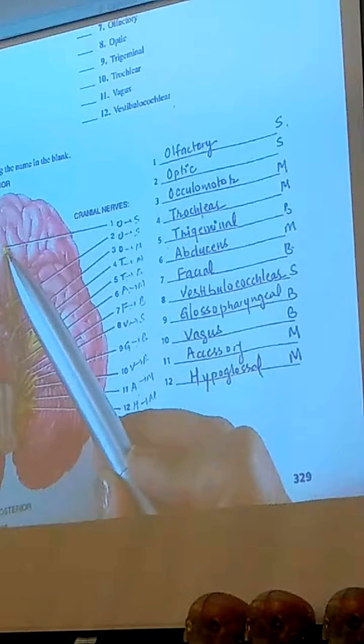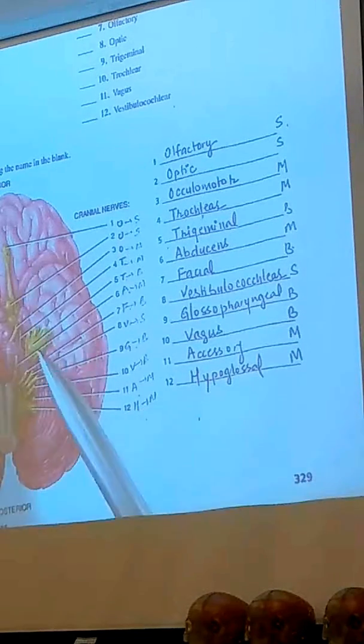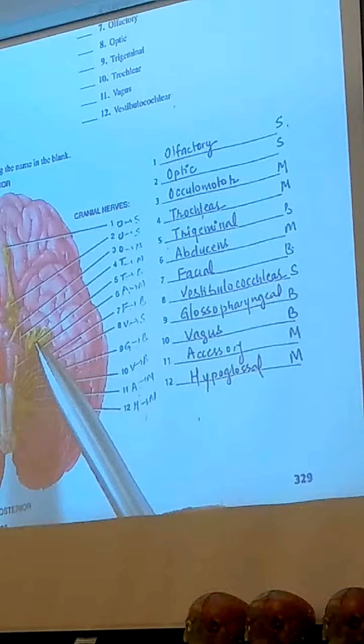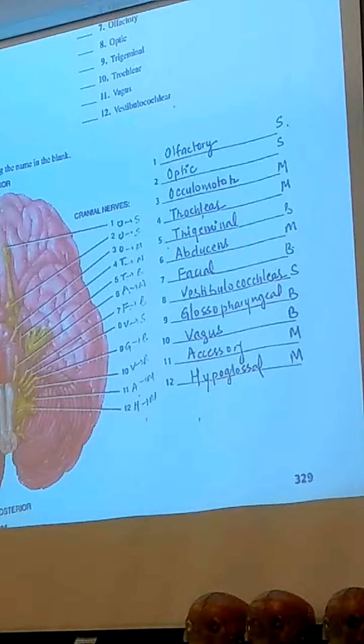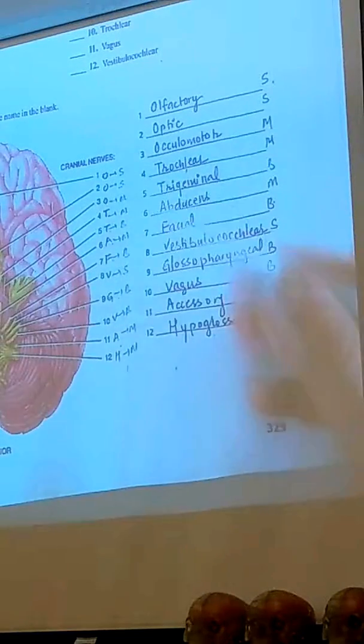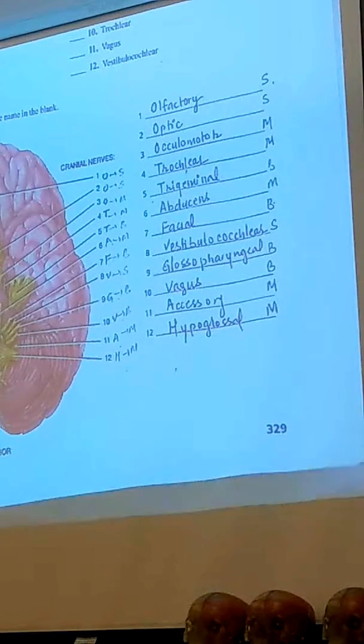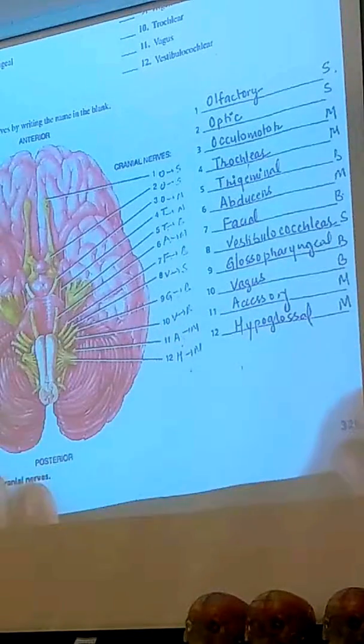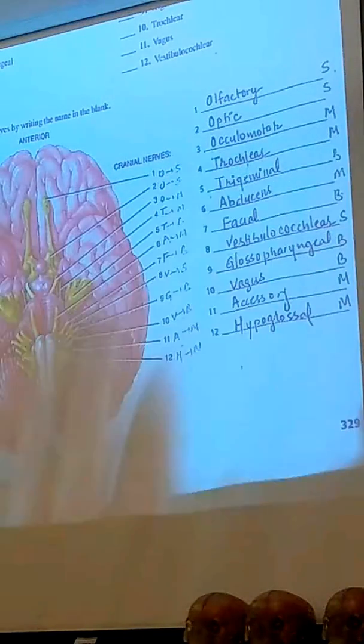So you will write, it's olfactory. Or what is this? Trigeminal nerve. Another question that can be asked is whether it's a sensory nerve, mixed nerve, or motor nerve. Remember we had this mnemonic which we made. So just go through it, and if you practice this picture, that will take care of both the lecture exam and the lab.